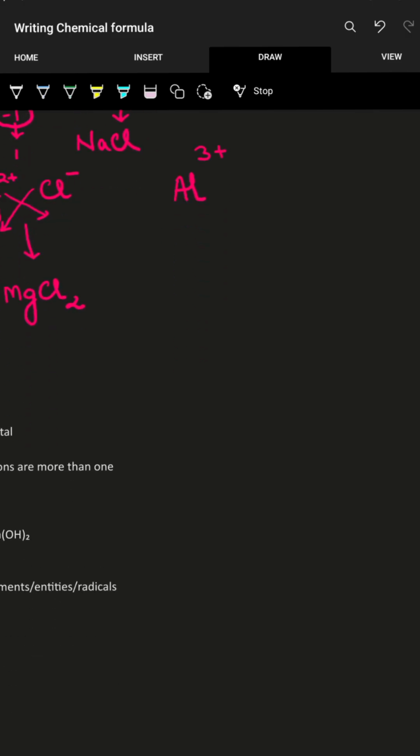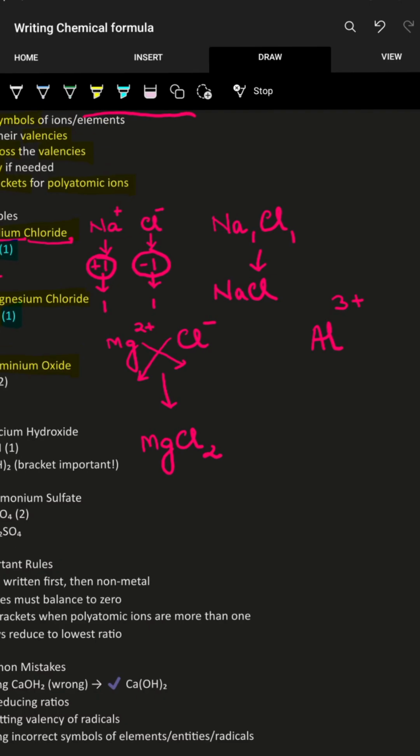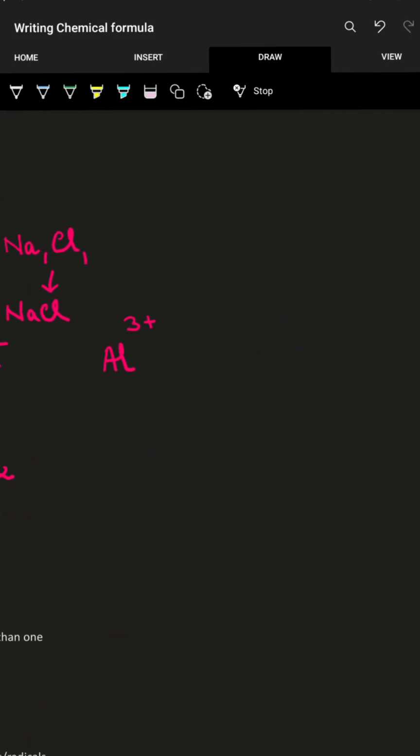And for oxide it will be O2 minus because the valency is 2. So O is the oxygen element. The moment I say oxide, that means along with the charge and valency, it always exists as a negative ion. So O2 minus is oxide.